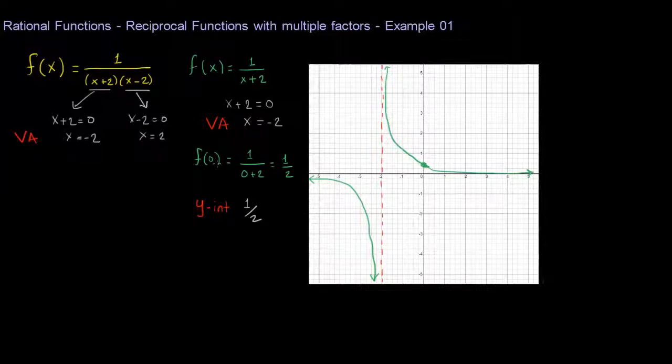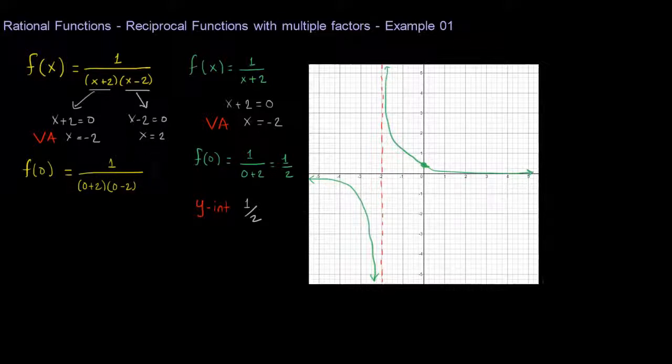Before drawing this out, I'm going to find as well what would be the y-intercept for this yellow f of x. In order to get this y-intercept, you have to do pretty much exactly the same as in this case. You have to evaluate the function at f of 0, with a value of 0 for the x's. So you will get something like this, 0 plus 2 and 0 minus 2 in the denominator, all over 1.